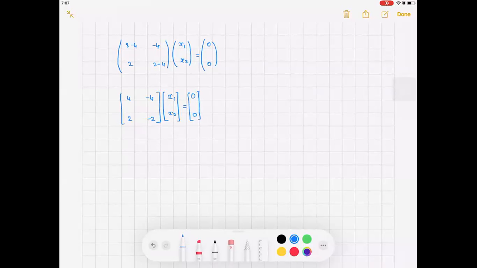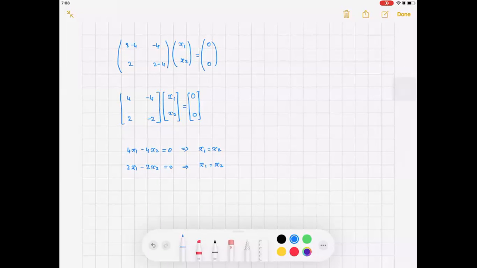If you do the matrix multiplication, you get 4x1 minus 4x2 is equal to 0 and 2x1 minus 2x2 is equal to 0, and this gives you x1 is equal to x2. This equation also gives you x1 equal to x2.